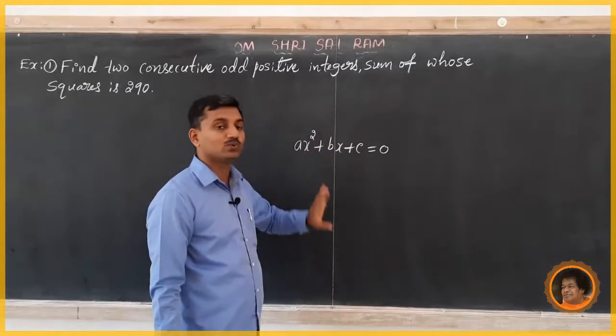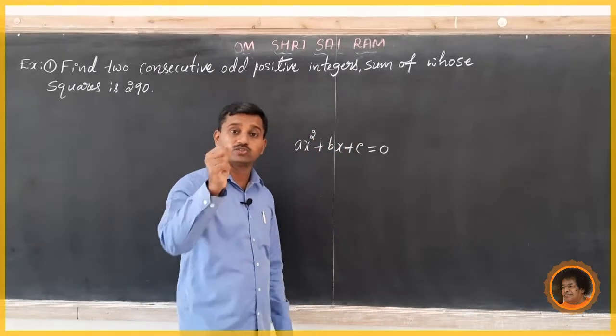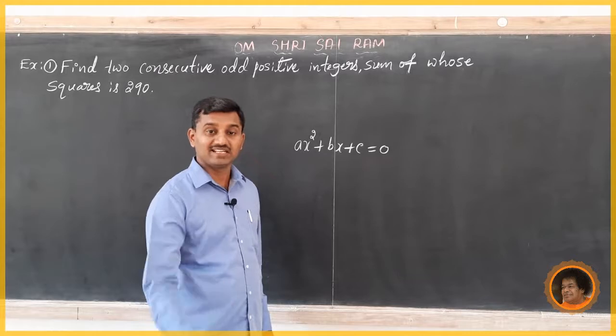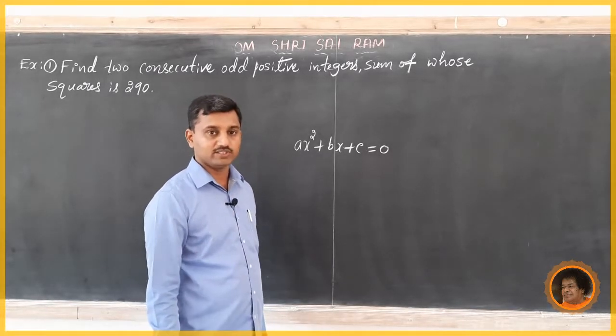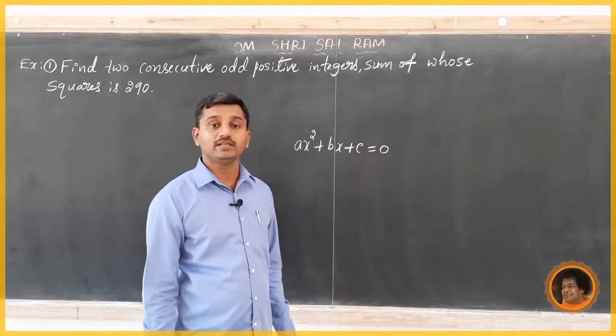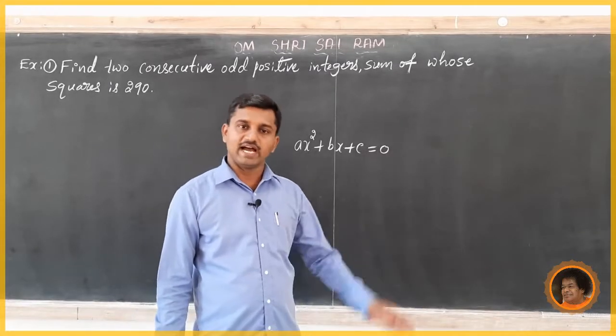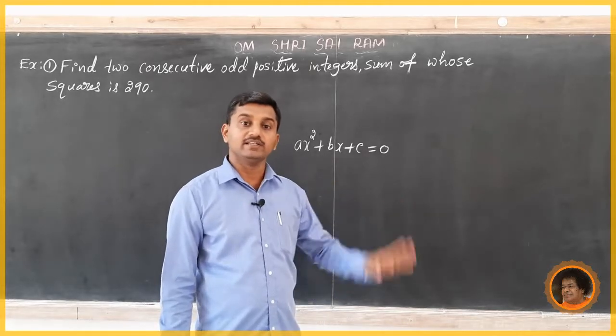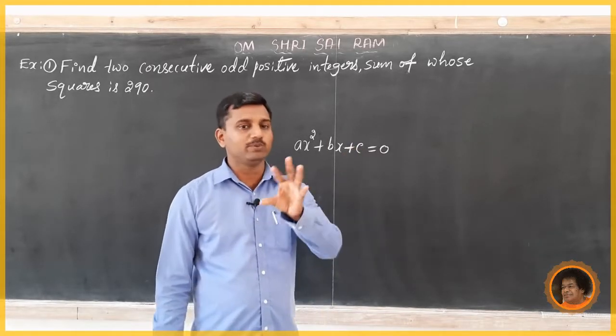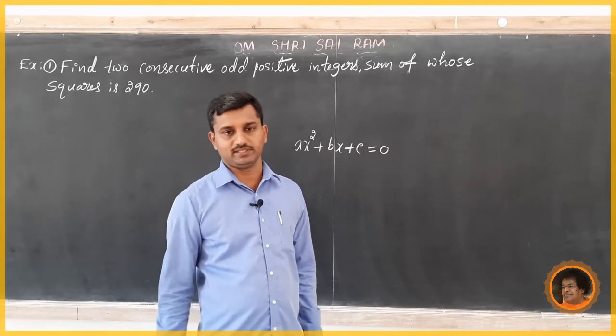How do we find the roots of the quadratic equation, or how do we solve it? There are 3 methods. The first is the factorization method, the second is the completing the square method, and the third, very important one, is the formula method.